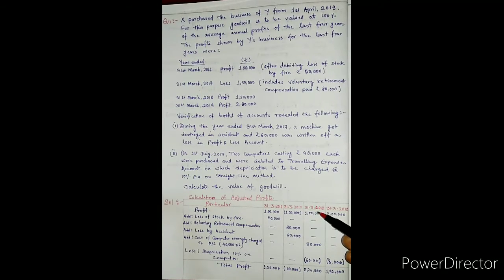Now 1,50,000 plus 80,000 and subtract 6,000 from that, we get 2,24,000. 2 lakh and subtract from it 8,000 rupees, so we get 1,92,000. So this is the actual profit of the 4 years.